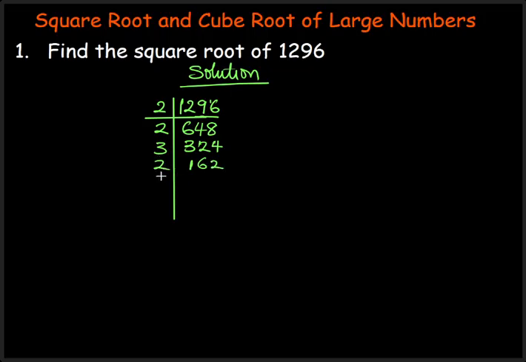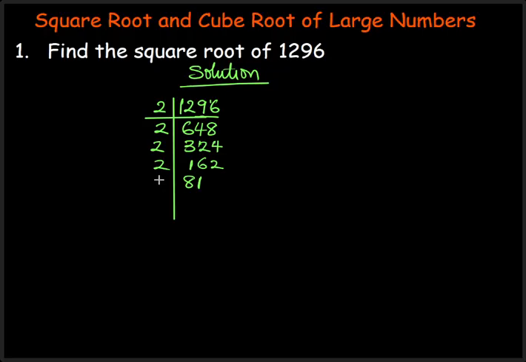Sorry, we're supposed to use 2 here, not 3. I don't know why I wrote 2. Okay, so 2 into 162. 2 into 16 will be 8, and 2 into 2 will be 1.